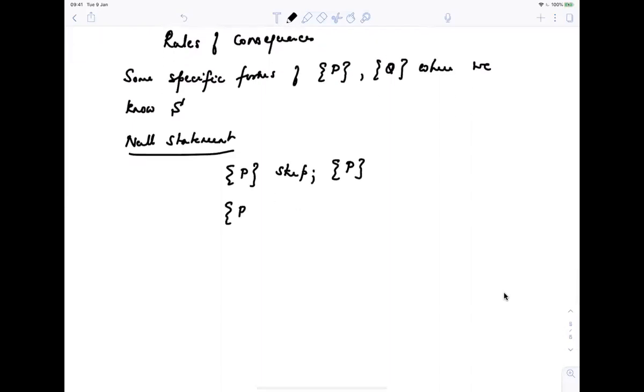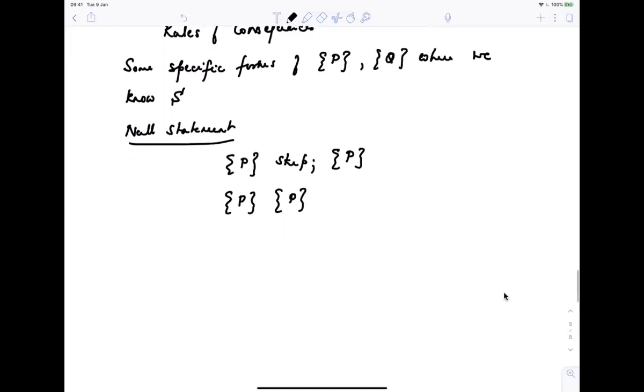P is the precondition and P is also the postcondition for the null statement.